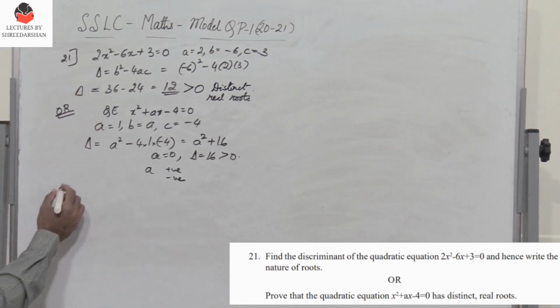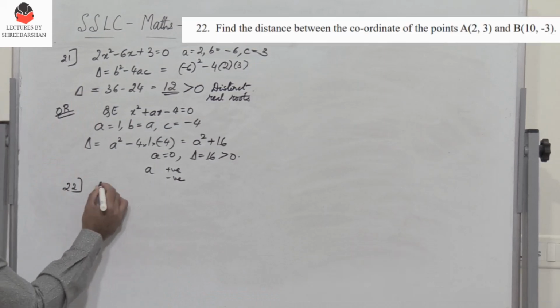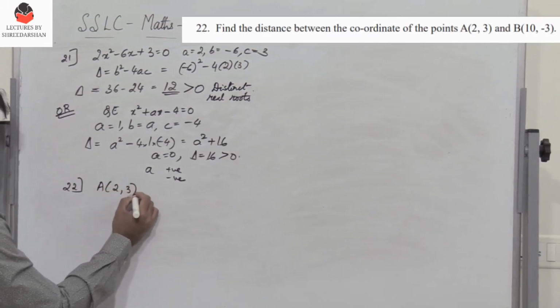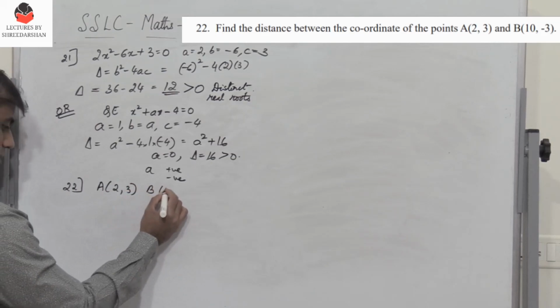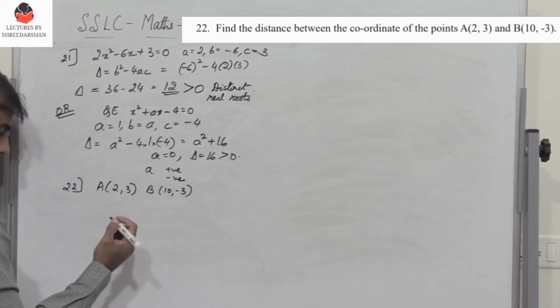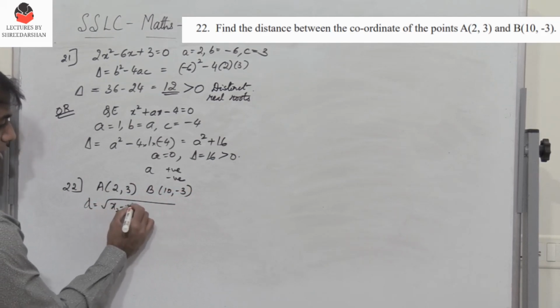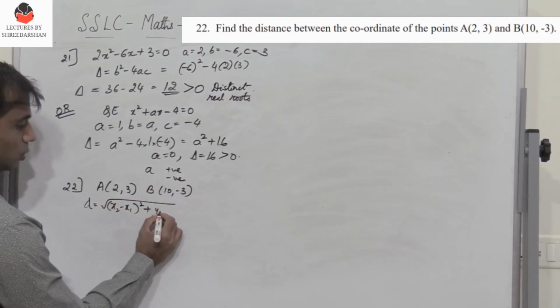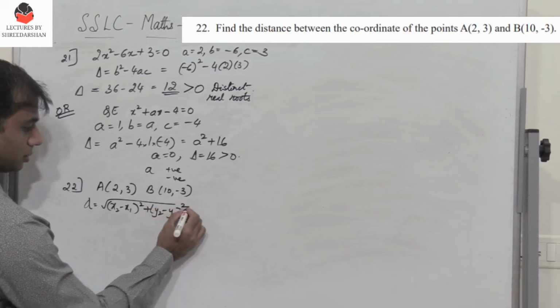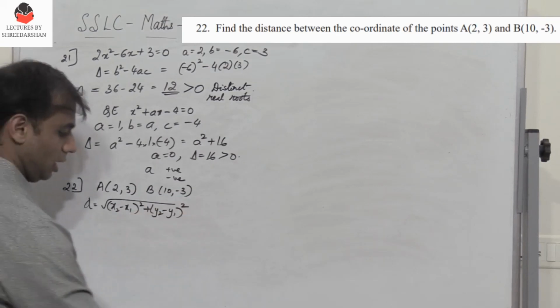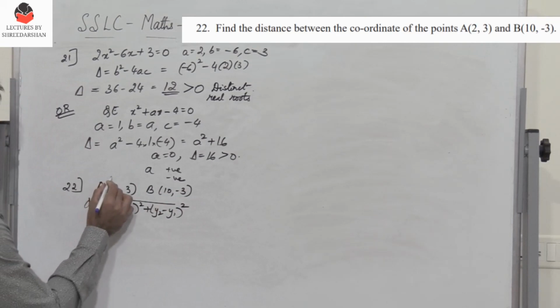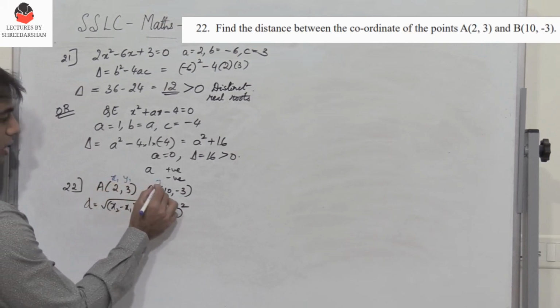So moving on with the next one, 22. Find the distance between point A, which is (2, 3) and B, which is (10, minus 3). So we have the distance formula, which is square root of (x2 minus x1) the whole square plus (y2 minus y1) the whole square. And what is x1 and y1? So this is x1, y1, x2, y2.